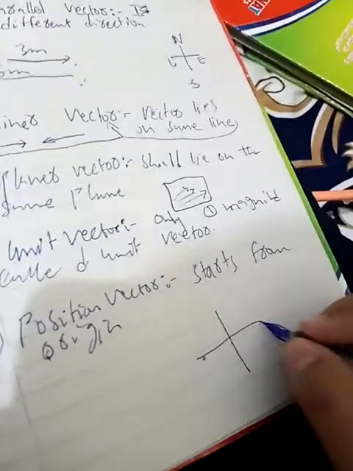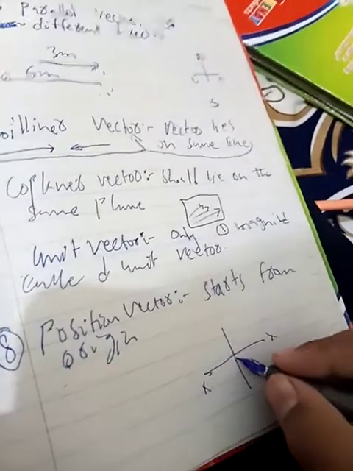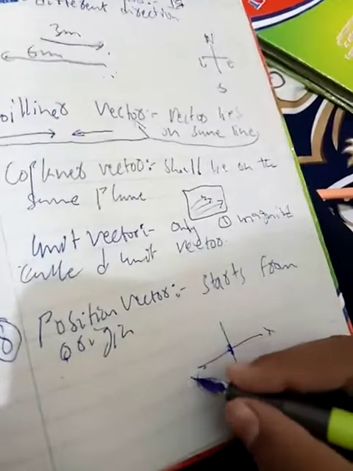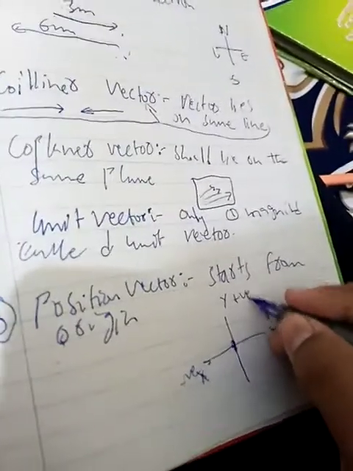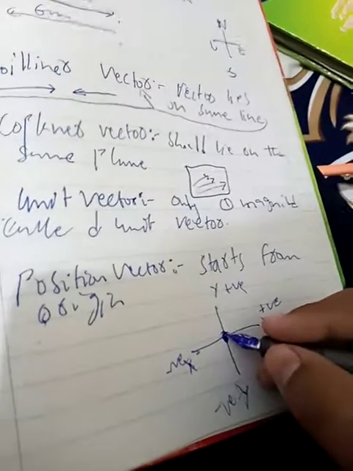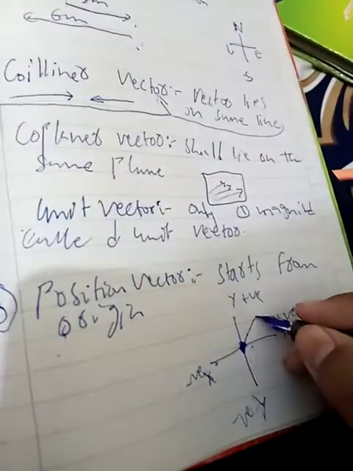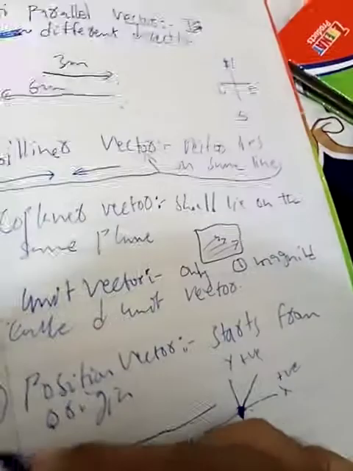For example, this is the x axis, this is the y axis, this is the origin, with negative x, positive x, positive y, and negative y. So if a vector's initial point is the origin, that vector will be called a position vector.